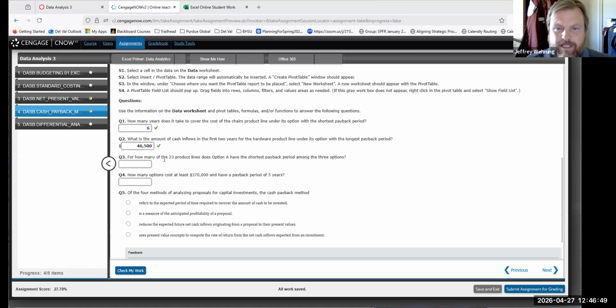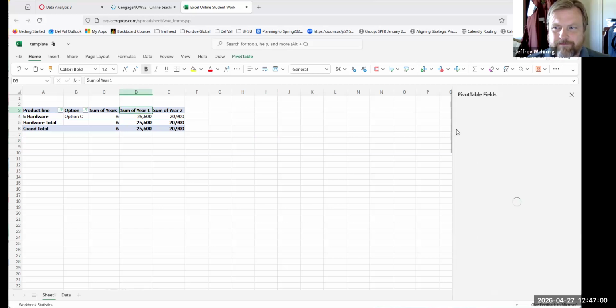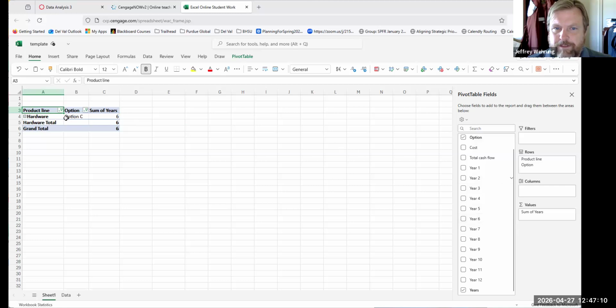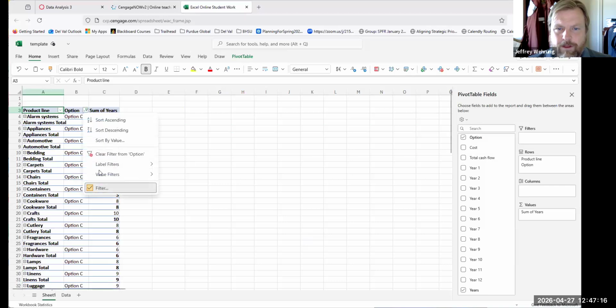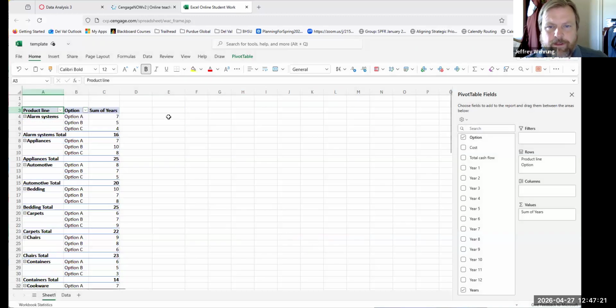Okay, so for how many of the 23 product lines does option A have the shortest payback period among the 3 options? Wow, that is such an interesting question. Okay, so we are looking at the payback periods. We look at all of them, all of the options. Okay.